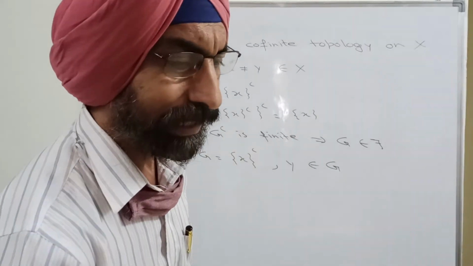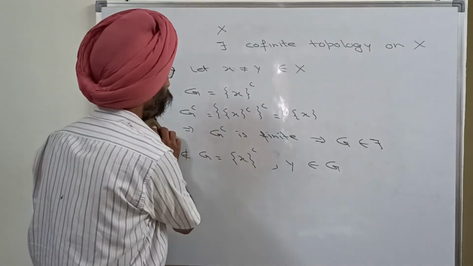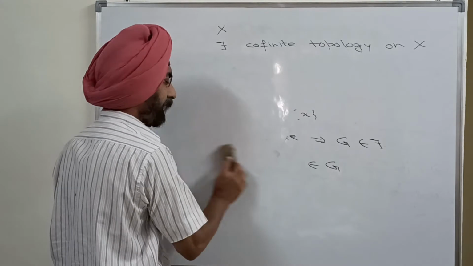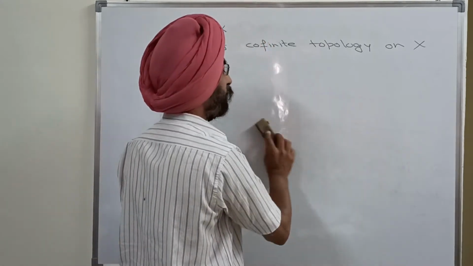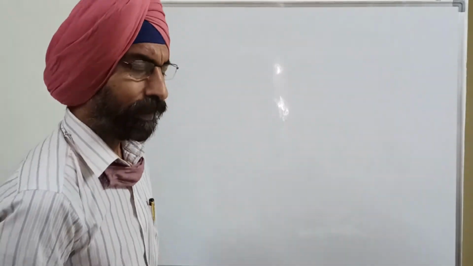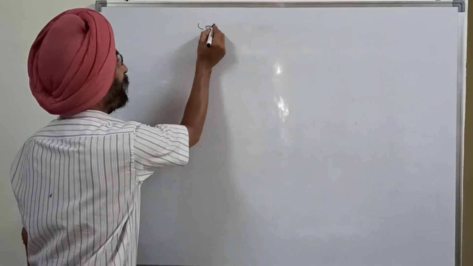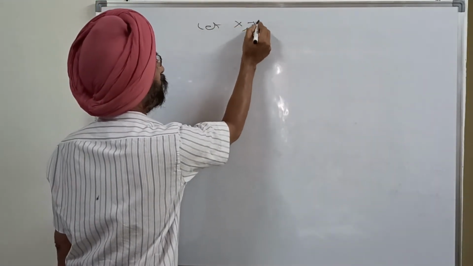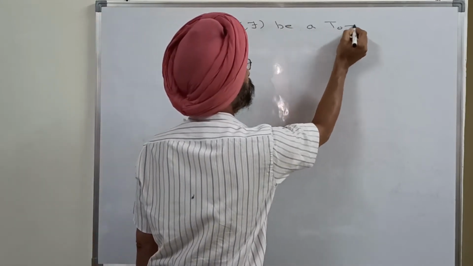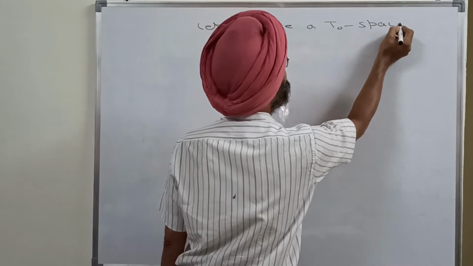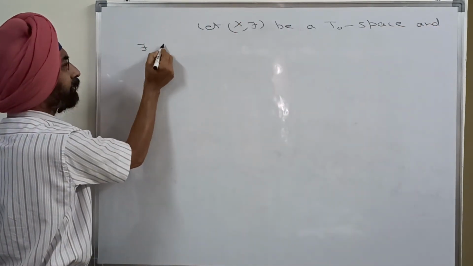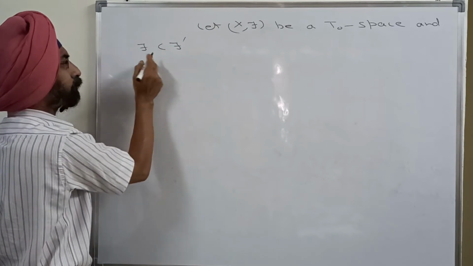So this was another example, and now we will move on to the next property of T0 spaces, Kolmogorov spaces. The property is: let (X, tau) be a T0 space and tau is a subset of tau dash.